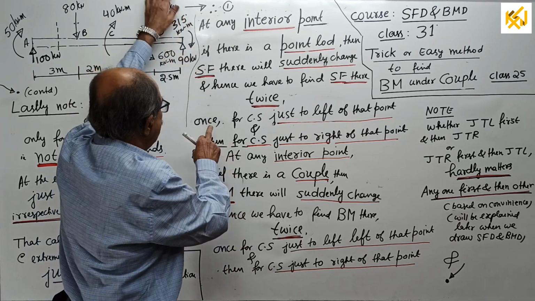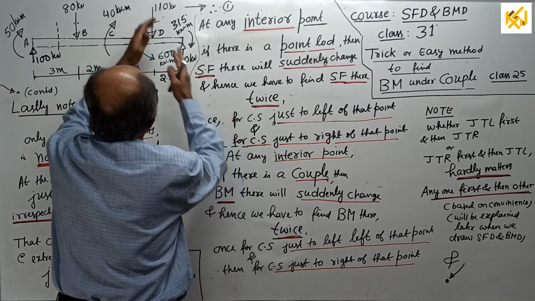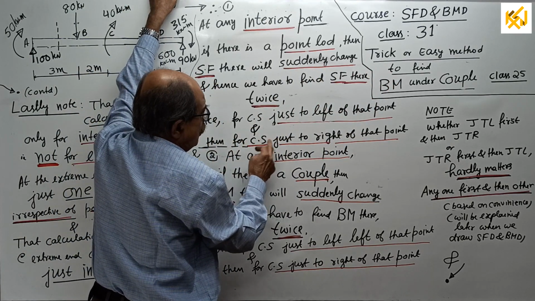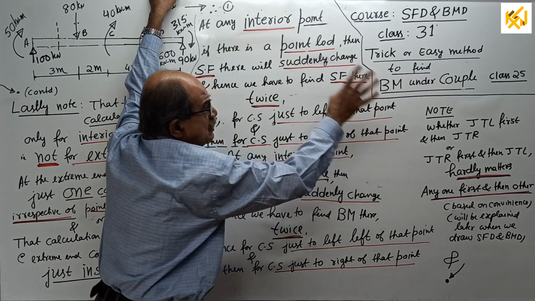How twice? Once for the cross section just to the left of that point, and then for the cross section just to the right of that point.